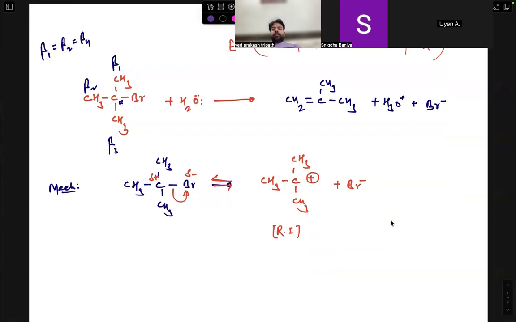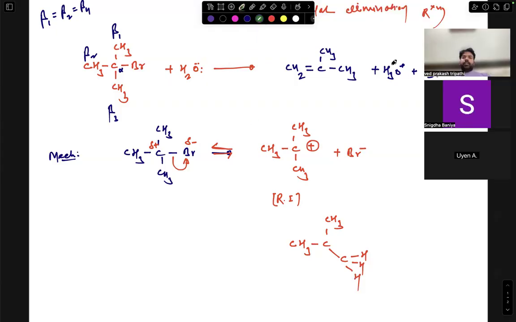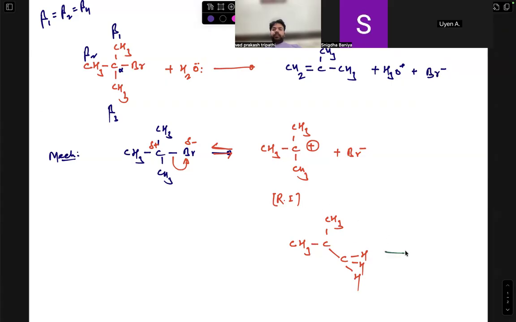So we can expel any beta hydrogen, either beta 1, beta 2 or beta 3. Suppose we are going to expel the bottom one, this one, H like this. So now H2O is here as a base. This H2O is acting as a base here.